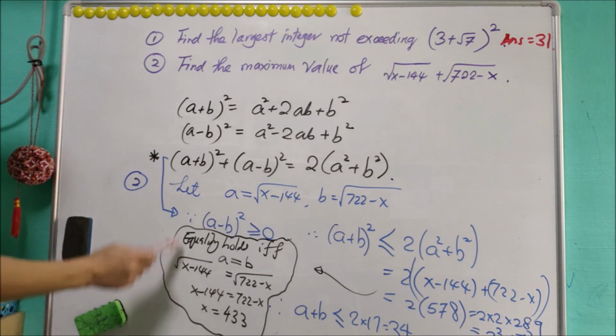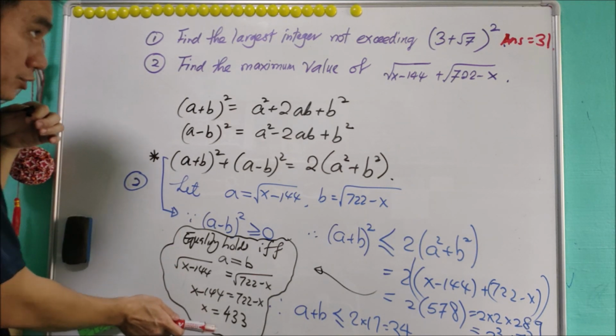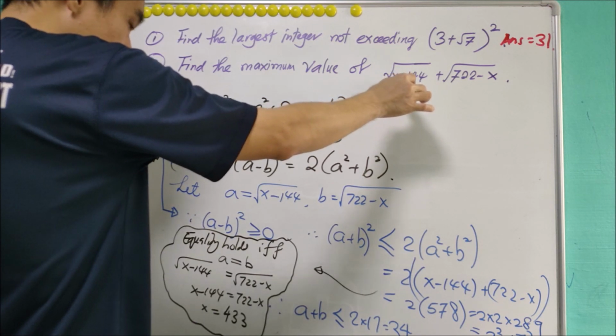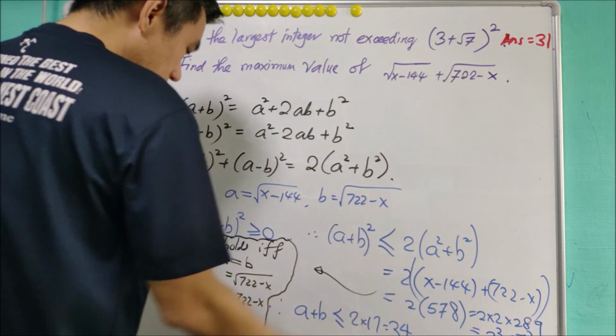So it will be good that we check when x equals 433, substitute in there, and you should have the answer equal to 34.